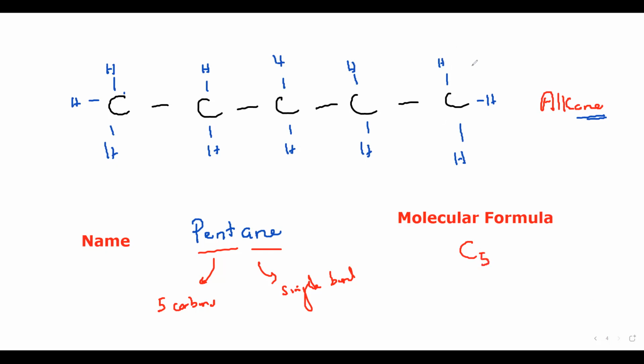And how many hydrogen? 1, 2, 3, 4, 5, 6, 7, 8, 9, 10, 11, 12. So C5H12 is the molecular formula of this compound. Molecular formula represents the actual number of atoms present in a compound. Is it clear, this example?